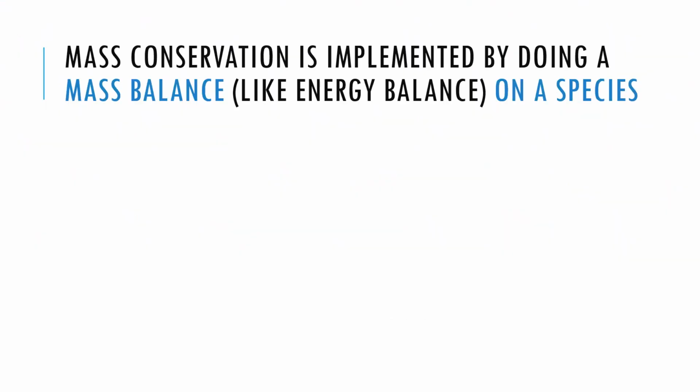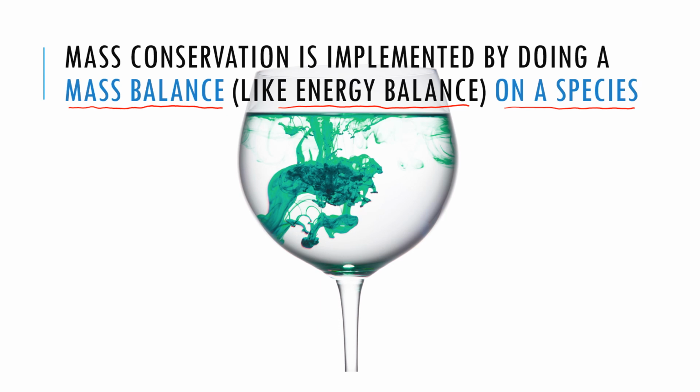The mass conservation equation that we are about to derive is a mathematical statement of conservation of mass. It is formulated by doing a mass balance, which is very much like the energy balance that we did in the past, but this is on a species. And what do we mean by a species?